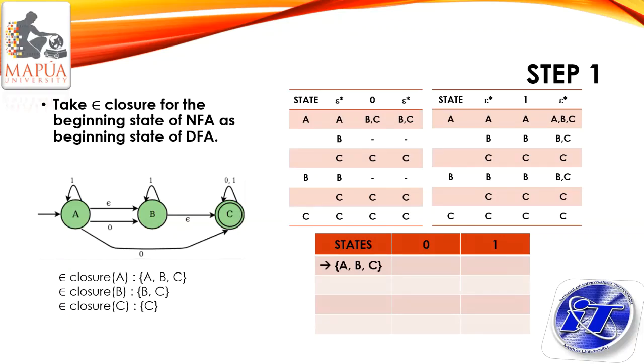Now let's move on to determining the transition for each state. Same as with NFA, for epsilon NFA to NFA we're going to create a transition table for the DFA.